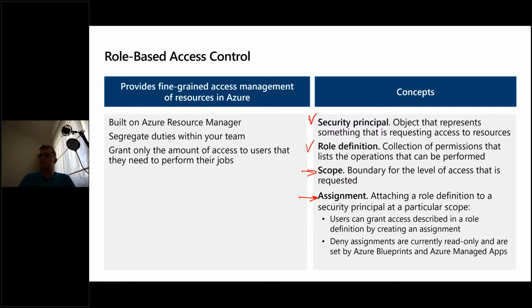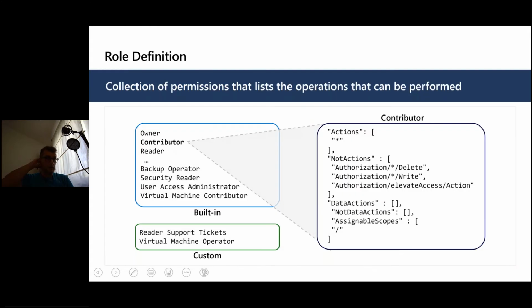It's best practice to grant users the least privilege, or adhere to the principle of least privilege, to get their work successfully done. So we also have some role definitions here. So we will define what actually role definitions are.